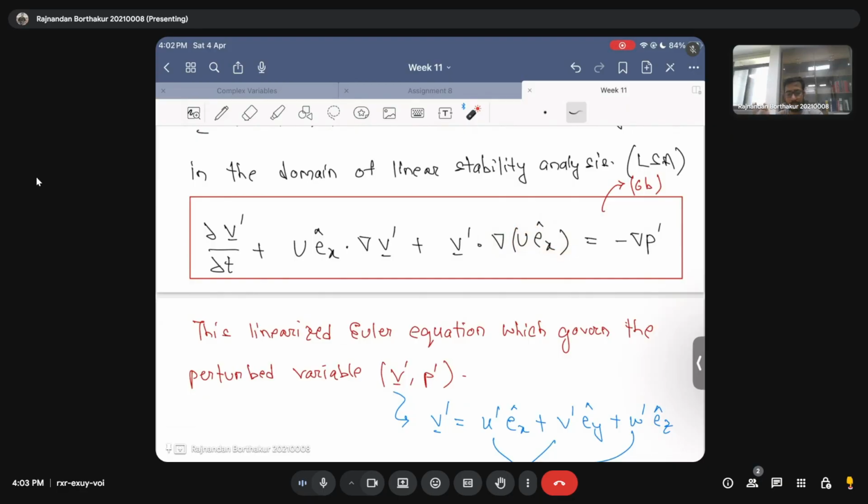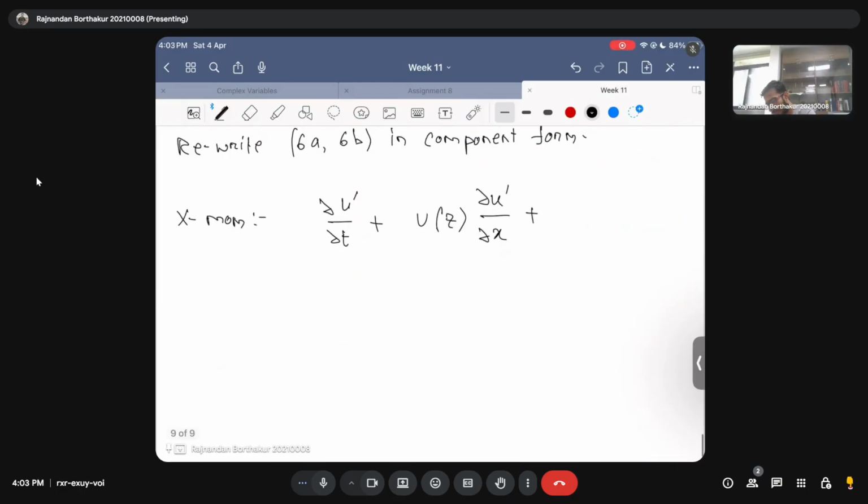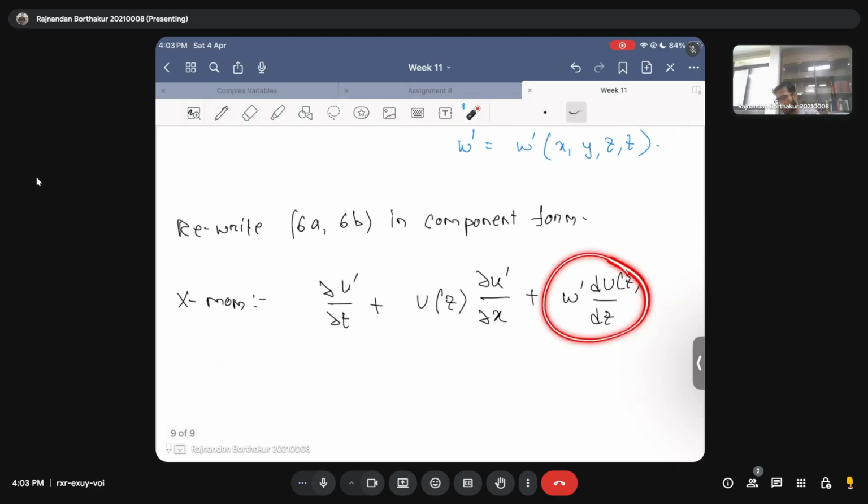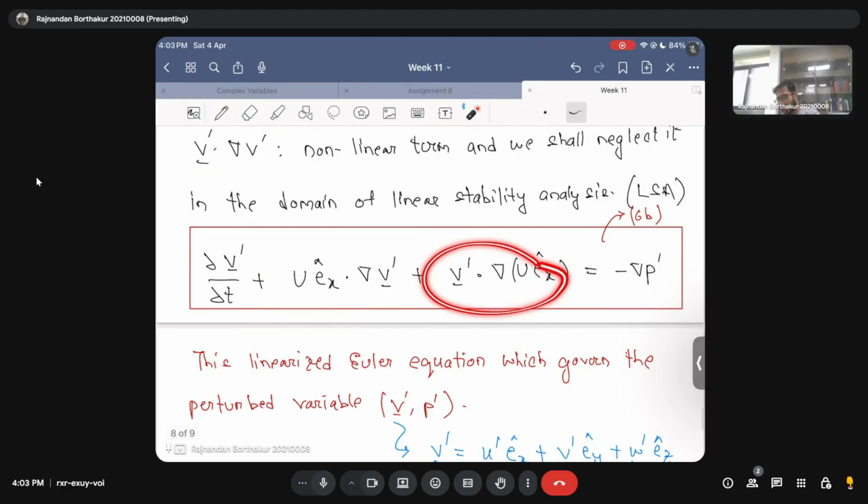The gradient of u in the x and y directions is 0, so grad u is non-zero only in the z direction. This term can be simplified as w prime times du by dz, and I believe you understood why this term remains in the x direction.